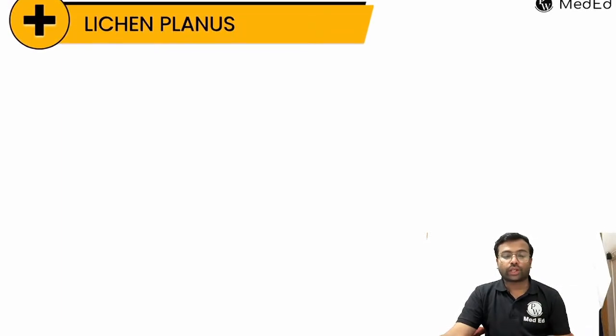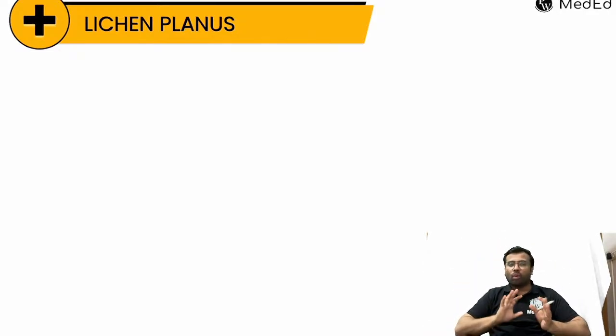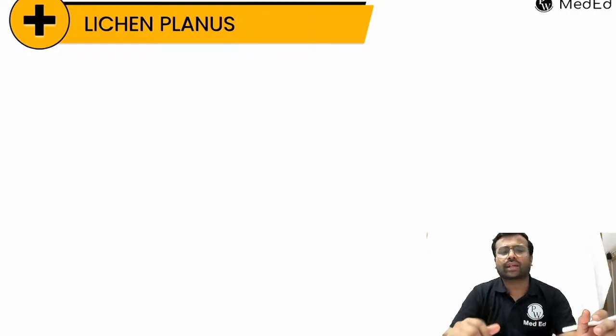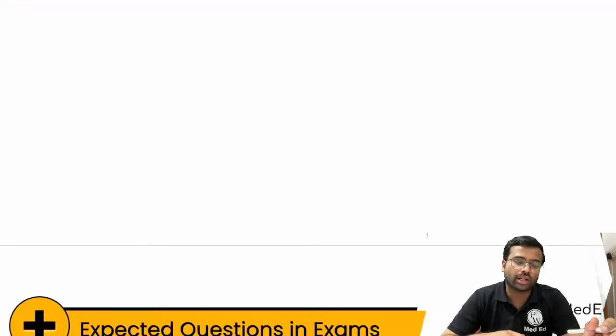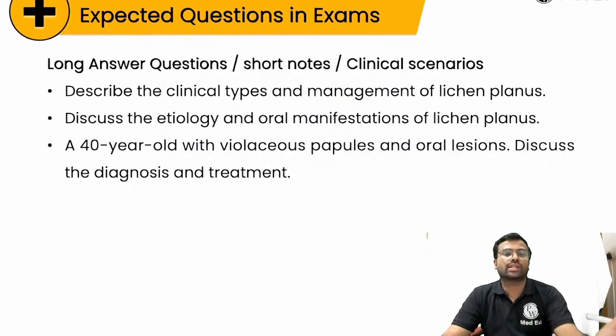So now let's go to the next topic. The next topic is lichen planus. Psoriasis and lichen planus have most of the features opposite to each other. So whenever you learn about psoriasis and lichen planus, try to learn them together, because many things are exactly opposite. First, let's see the type of questions.